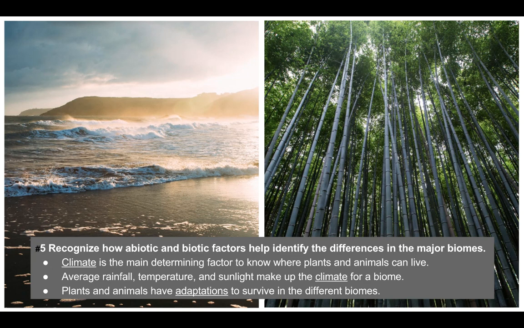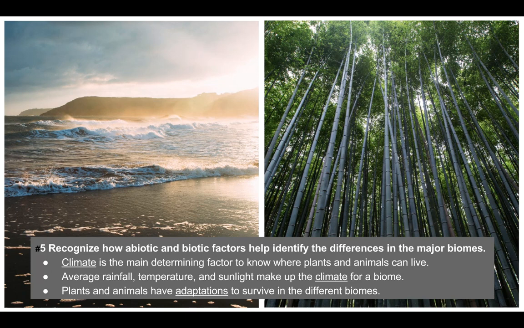Climate, once again, is, if we look at weather, weather happens daily. It might rain, it might not rain. It might be sunshiny, it might be cloudy. But over a long period of time, we can see a trend. We can see, okay, a desert, it might not rain a lot.